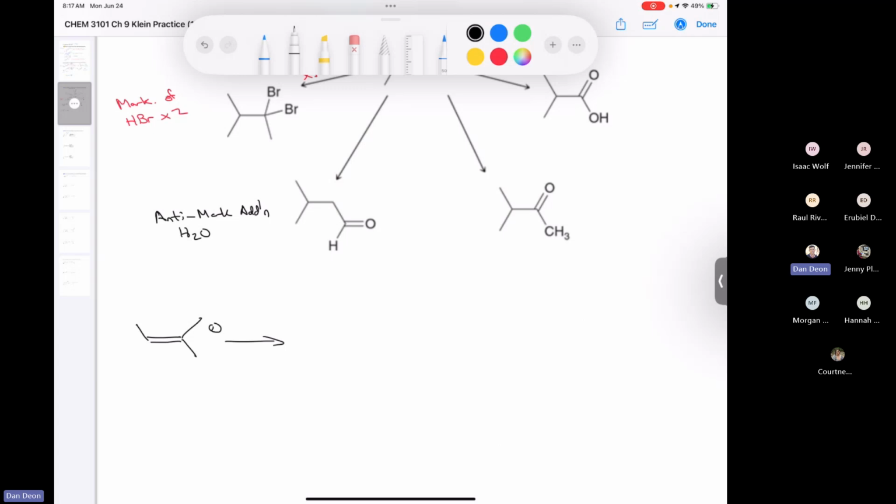The first step was going to be borane and THF, and the second step was going to be H2O2 and sodium hydroxide, right? And in that case, you'd end up with this compound here. So that's the anti-Markovnikov product.